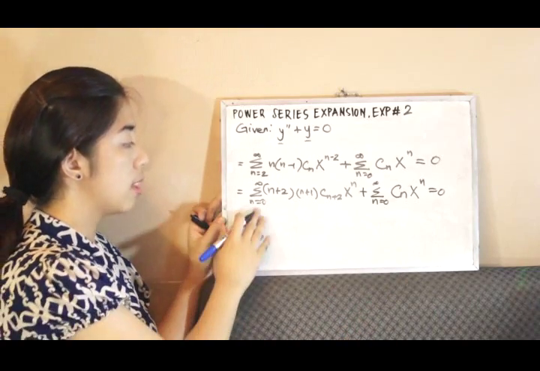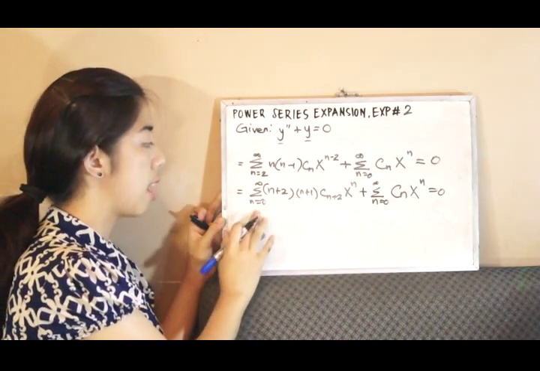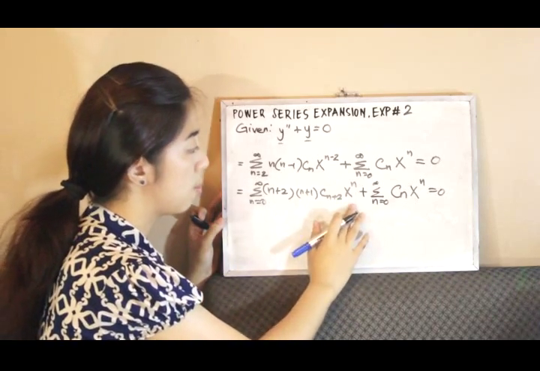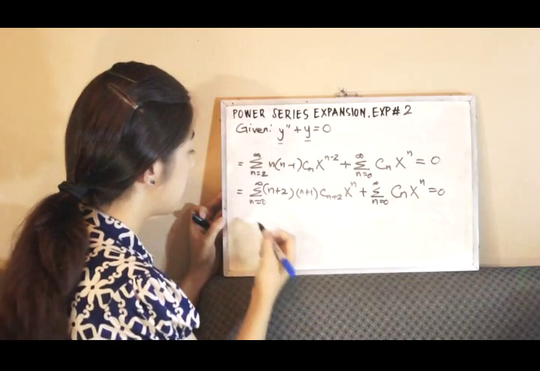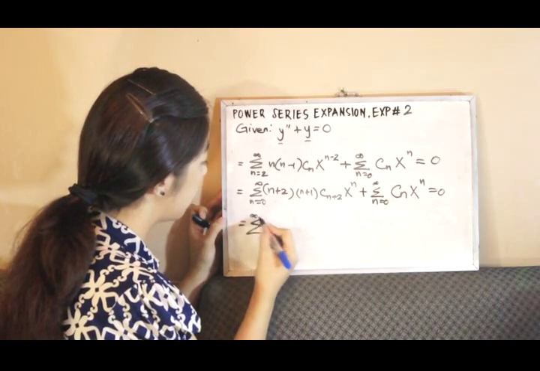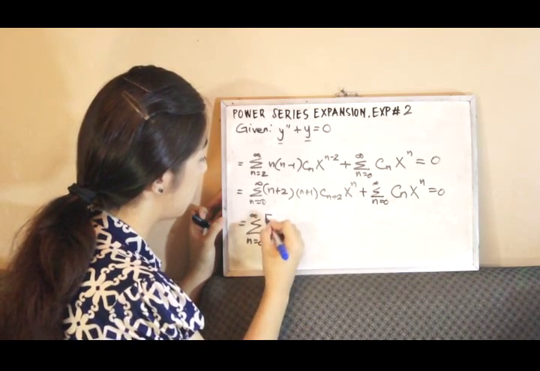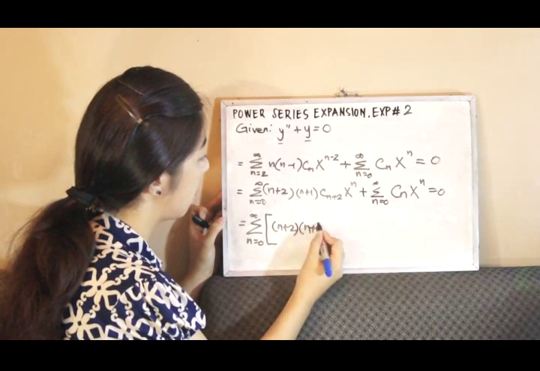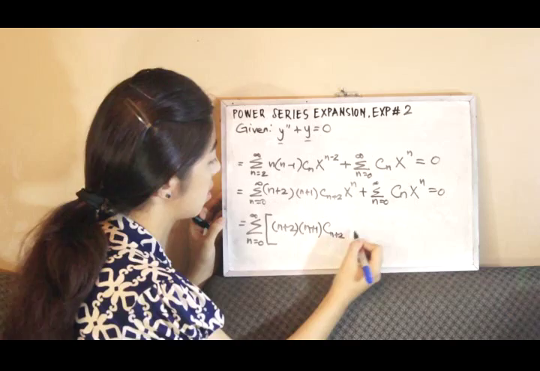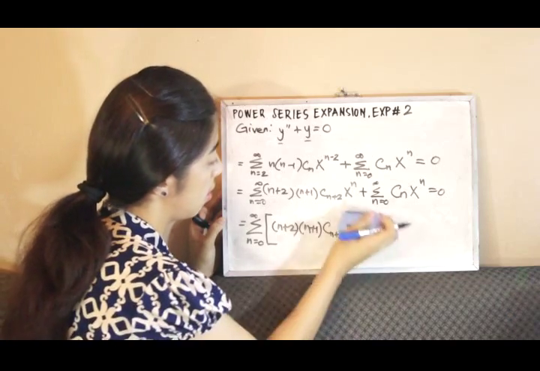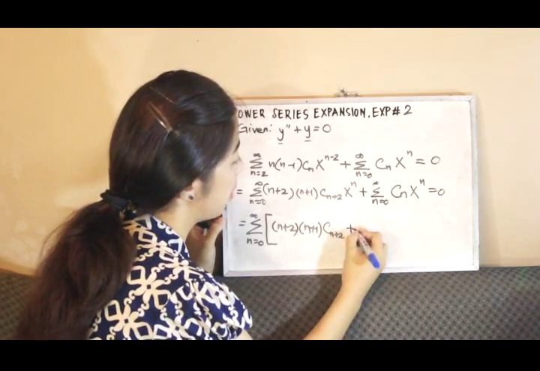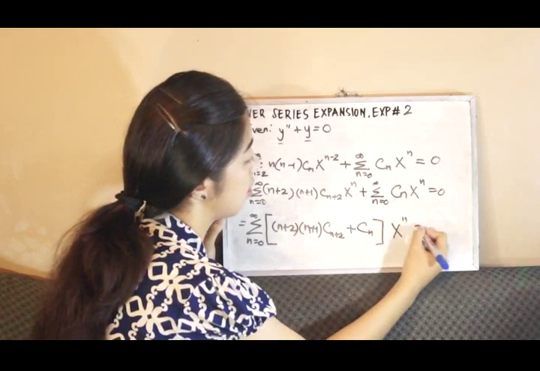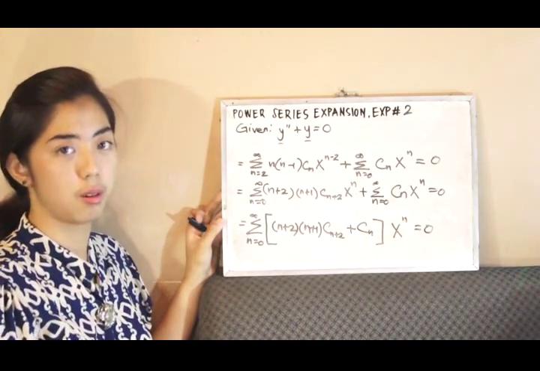So we now have a balanced summation sign. Also, our x raised to n variables are now equal, so we could factor them out. And now the whole equation will be n plus 2, n plus 1, c sub n plus 2, plus c sub n, factoring out x raised to n, equal to 0.